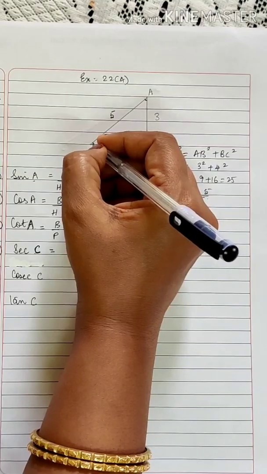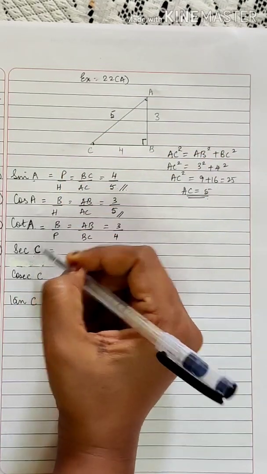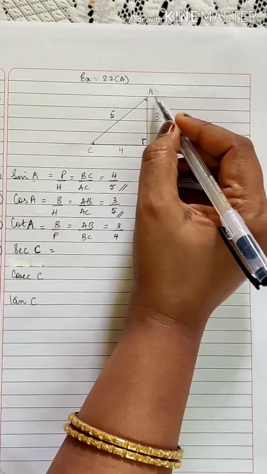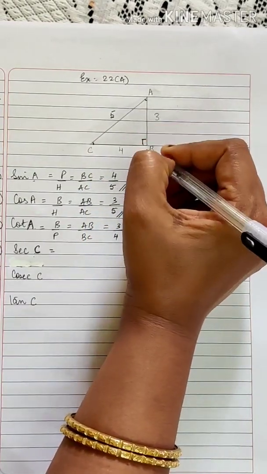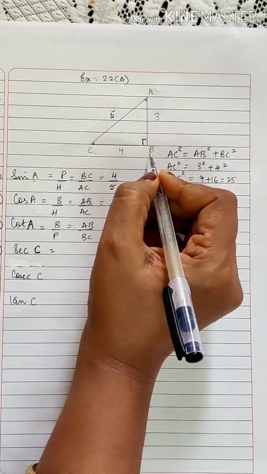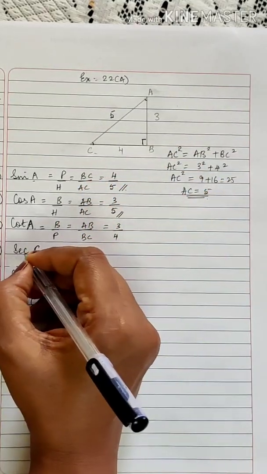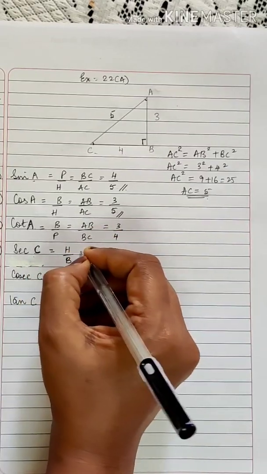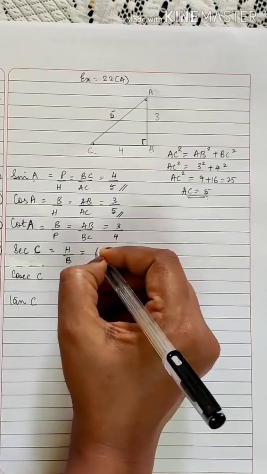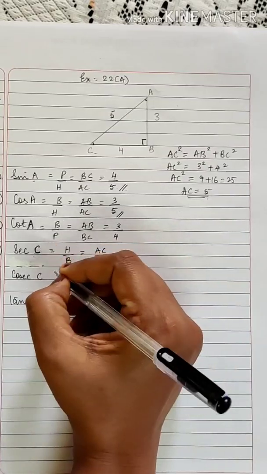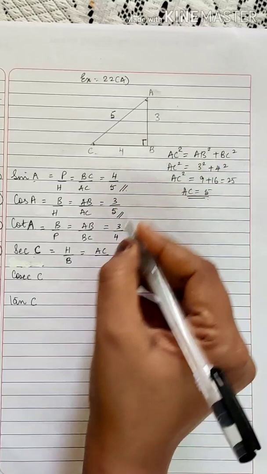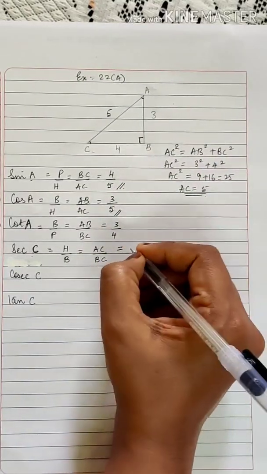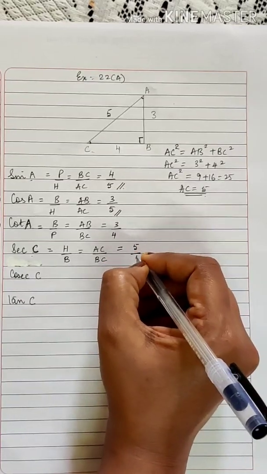Now the reference angle is angle C. So with respect to angle C, perpendicular will be AB. So this AB will be your perpendicular and BC will be your base. Now the ratio for secant C is hypotenuse by base, and hypotenuse is AC, and base for angle C is BC. AC by BC, which will be equal to 5 by 4.